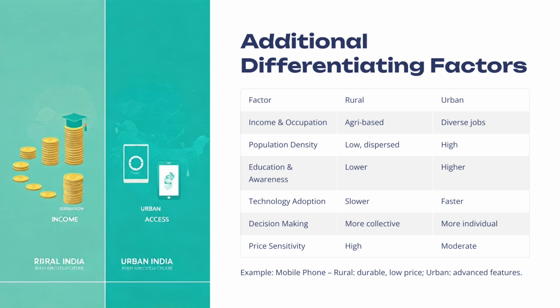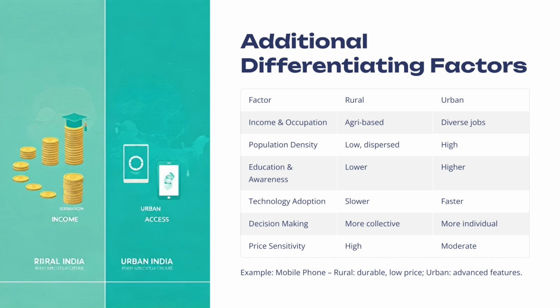Occupational patterns also differ significantly. In rural areas, a larger proportion of the population is involved in agriculture and related activities, while urban areas have a greater variety of jobs in industries like manufacturing and services. These different types of work shape the needs and priorities of consumers.